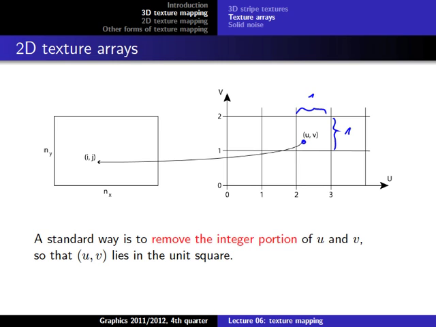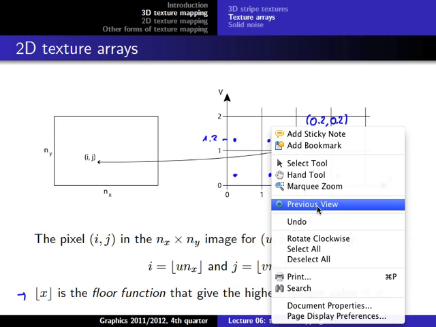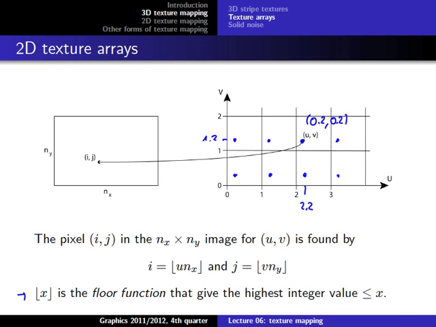We remove the integer part to get the tiles, and then when we have the tiles, we have to do the mapping. So we have to map this from the 0 to 1 side to an x and a y here. And this mapping is pretty straightforward because we are between 0 and 1. We just have to multiply it with the width and the height of the texture.